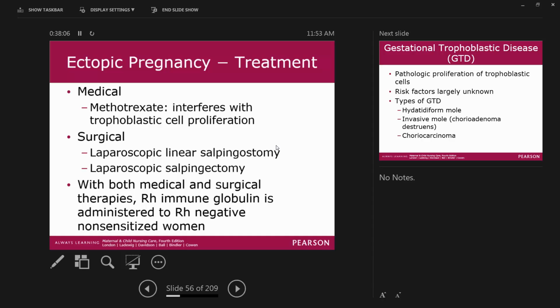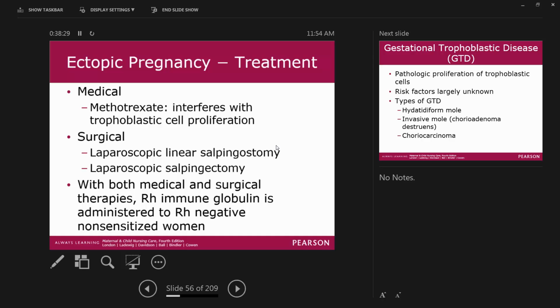The trophoblastic cell proliferation is what's going to be developing the placenta and implanting into whatever site. So if we've already implanted and the trophoblastic cells are already grabbing on, this is not always so effective.